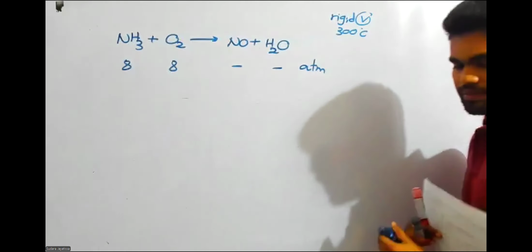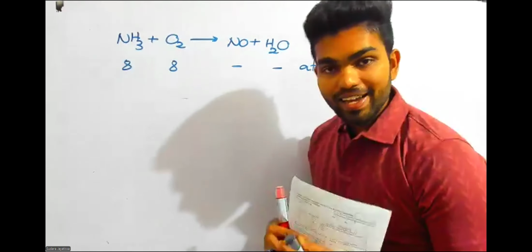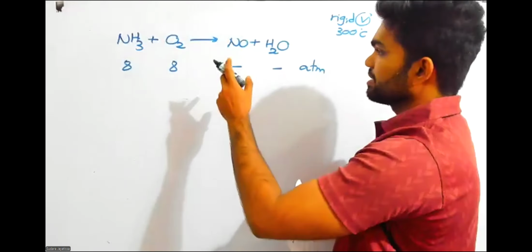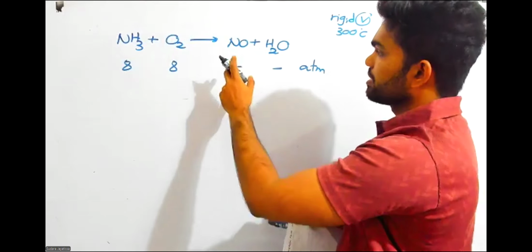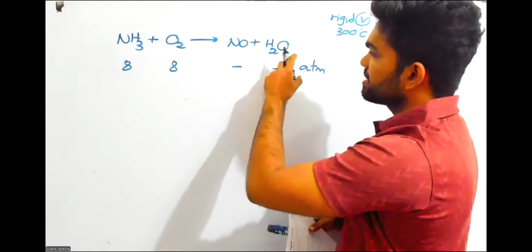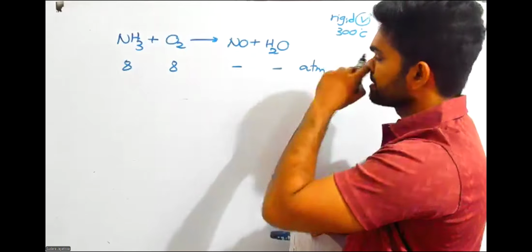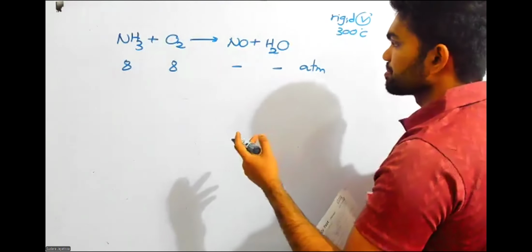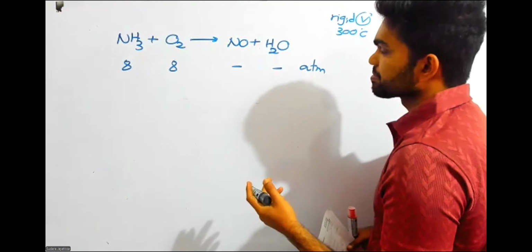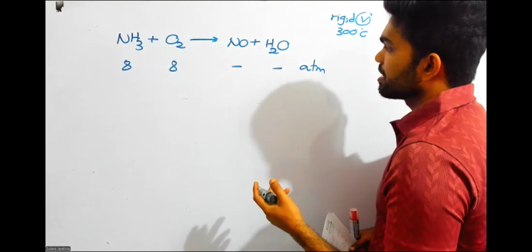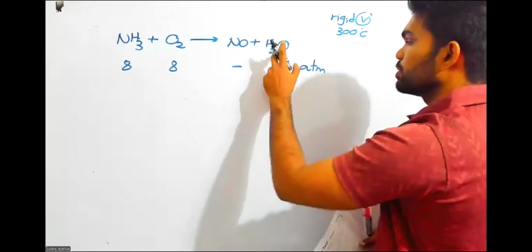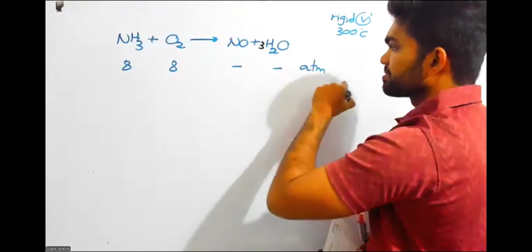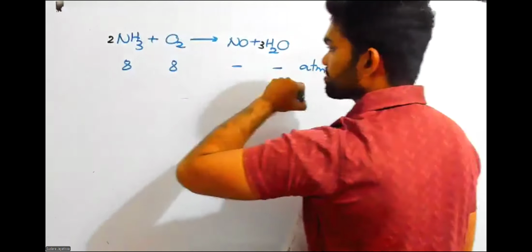Okay, right. The first thing, we'll balance the reaction. So here you have one nitrogen, three hydrogen. The first thing we can do is balance hydrogen. Here you have two hydrogen, so let's put 3 here and 2 here.